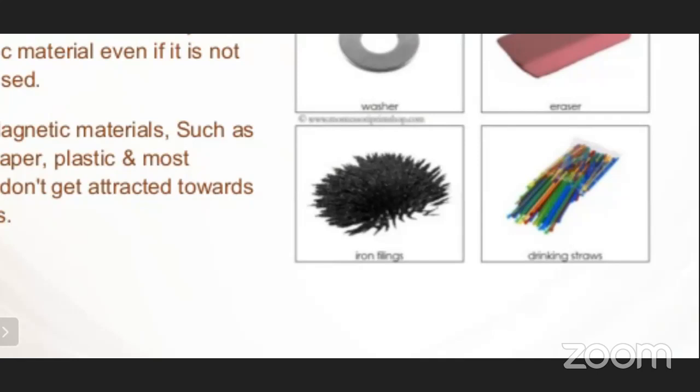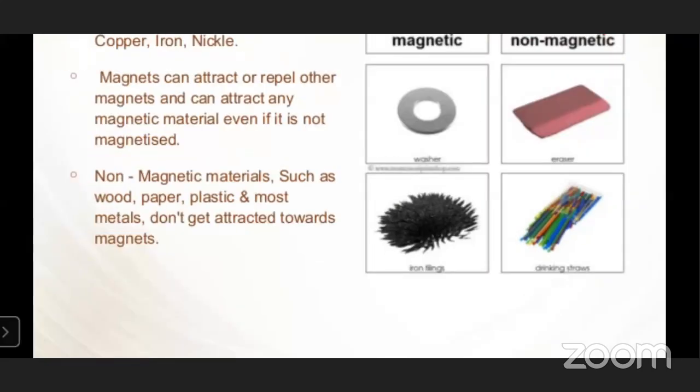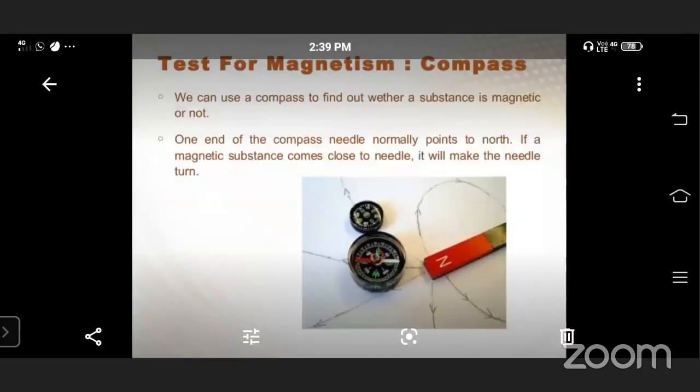Now, finding the directions by using the bar magnet. The bar magnet will rest at a certain place. Now we learned about the magnetic compass.